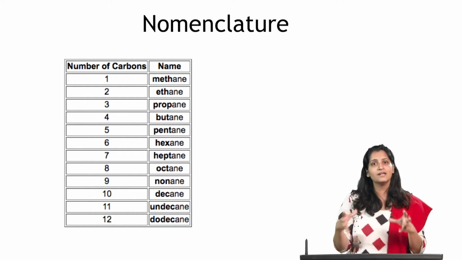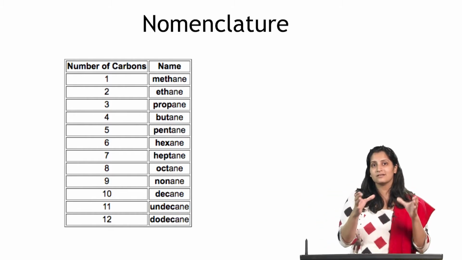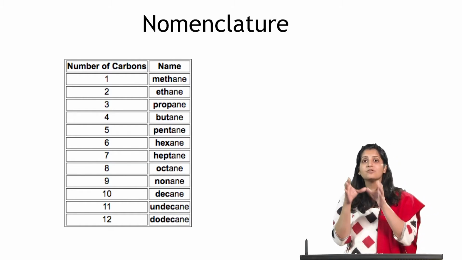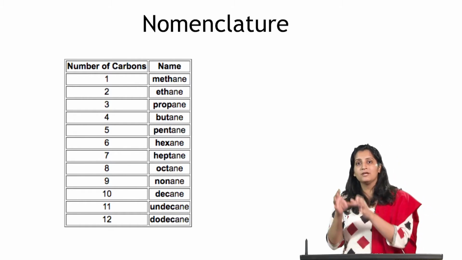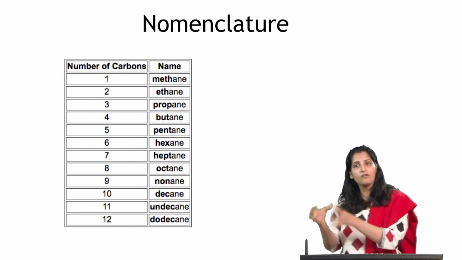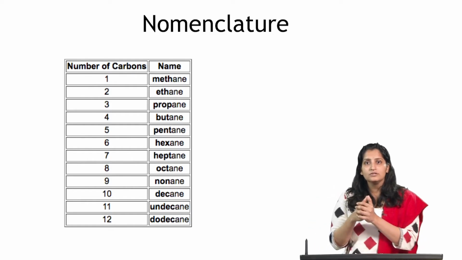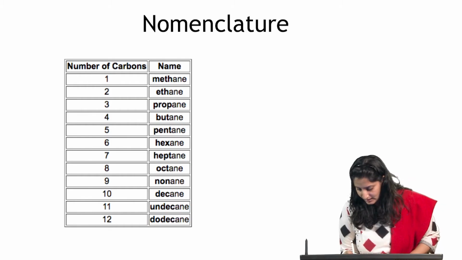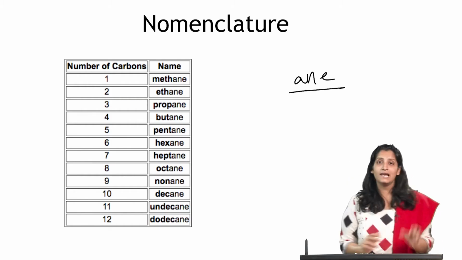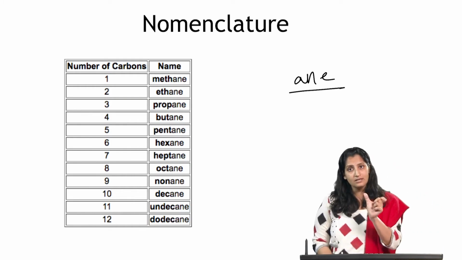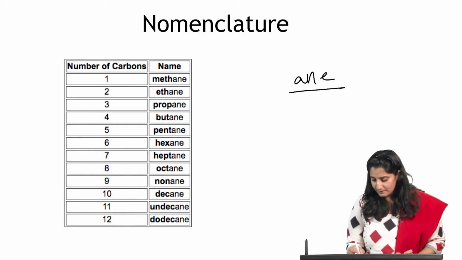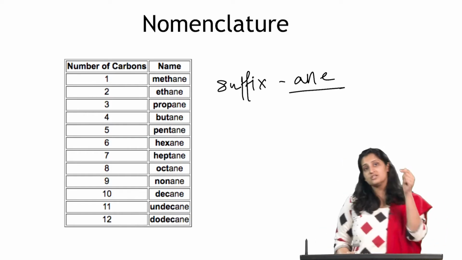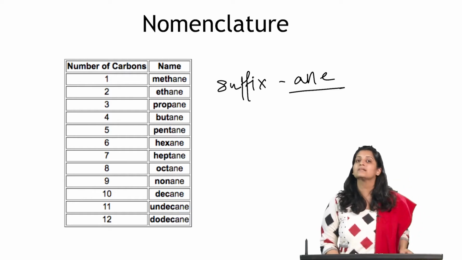So, we had kind of said that the prefix really is your given name, whereas the suffix really tells you the family name, or the surname kind of a thing, to which you belong. So, in the case of alkanes, we had said that the suffix is ane. All of the alkanes end with ane, that is the suffix, and the prefix really changes based on how many carbons are there in the compound.